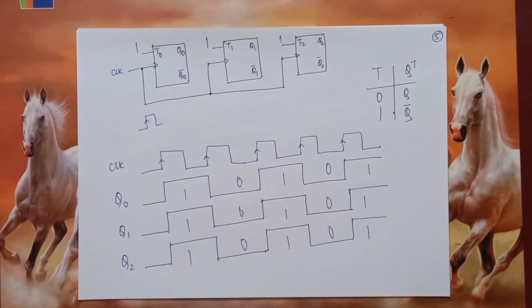Now comes the question. If every flip-flop gets the same clock, which is independent of the output from any other flip-flop, then how can we design that circuit to be able to count? How can we design that circuit?